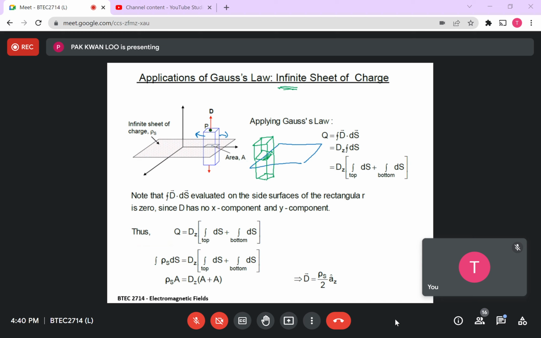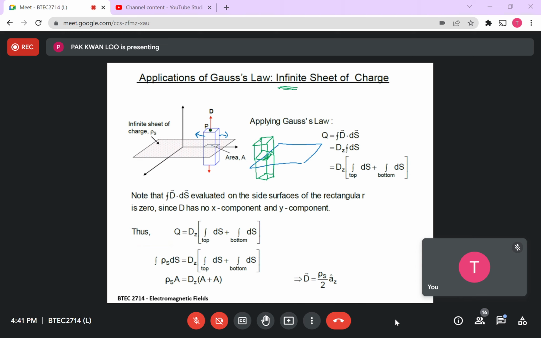We want to maintain the symmetrical property. If it's finite, then Gauss's law fails to be applied, simply because it is difficult to find a Gaussian surface that can maintain the charge distribution enclosed by the Gaussian surface.